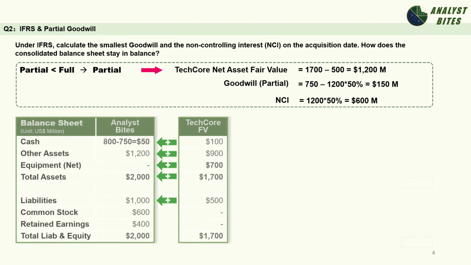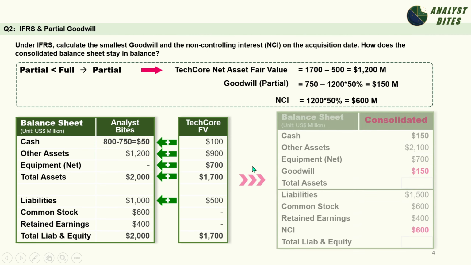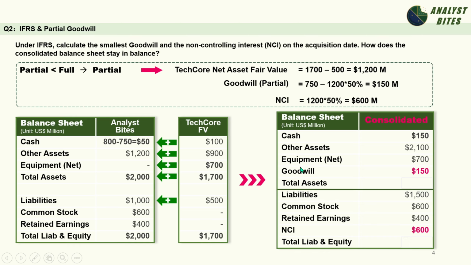Look at the consolidation process below. Step 1. The parent pays out 750 million in cash and brings in 100% of the subsidiary's assets and liabilities. Step 2.